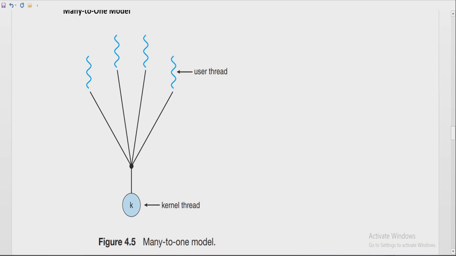So one kernel thread can't run on two processors. One thread can run on only one processor. That is the disadvantage here.